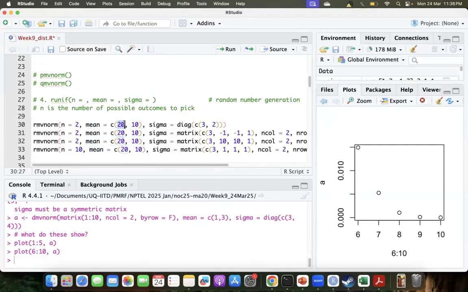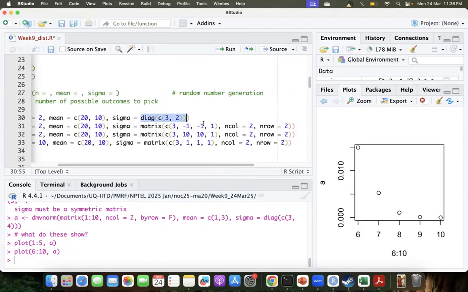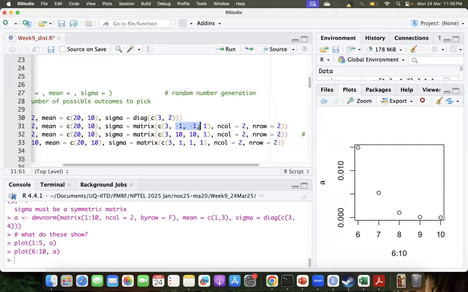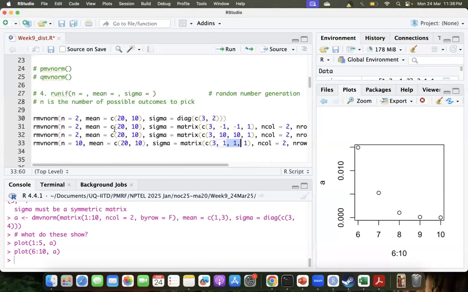So that's the first mean, that's the second mean. And again, you can have your diagonal elements, which are telling you the variances. So in this case, your covariance is 0. In this case, that's your covariance, or this is the covariance, or this is the covariance. So all of these, ideally, they should work.